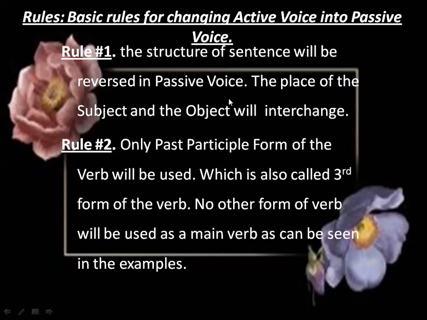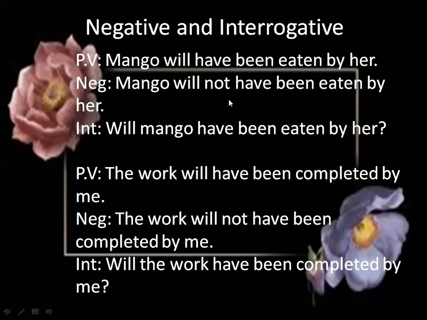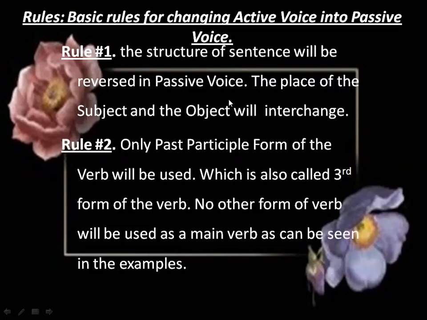Okay. Now these are all three tenses of perfect tenses: present perfect, past perfect, and future perfect. So if we summarize all the sentences of perfect tenses, we have found some basic rules for changing active into passive voice. What are these rules? Rule number one: the structure of the sentence will be reversed.